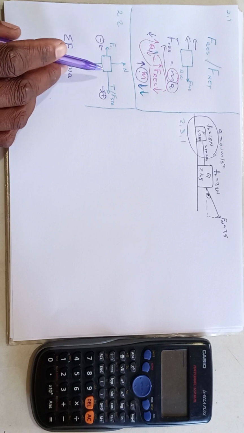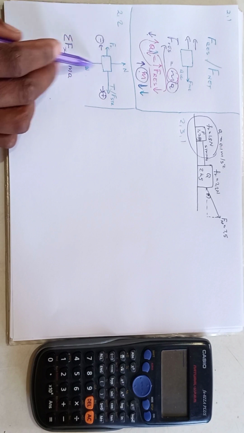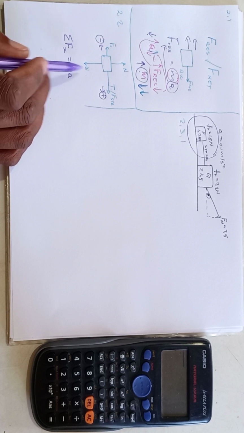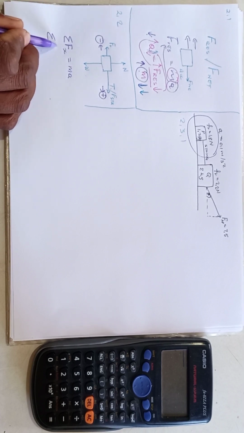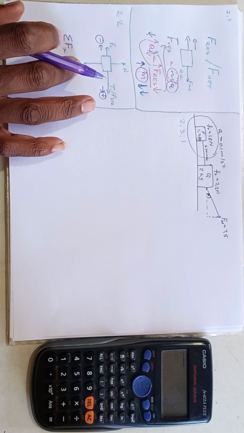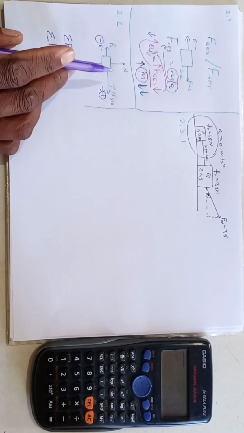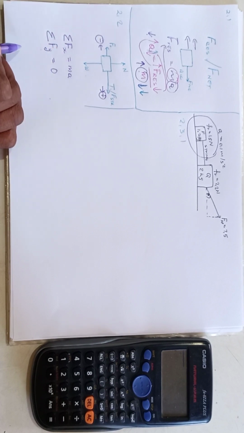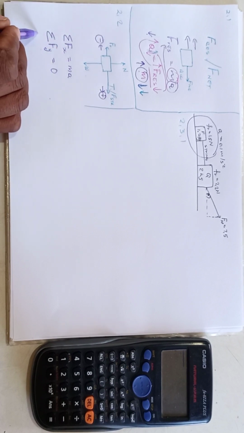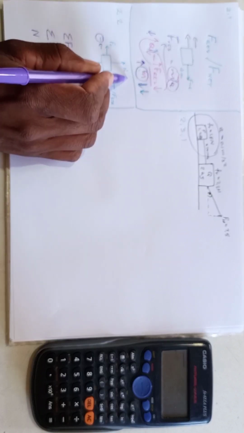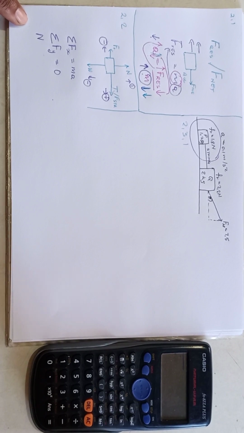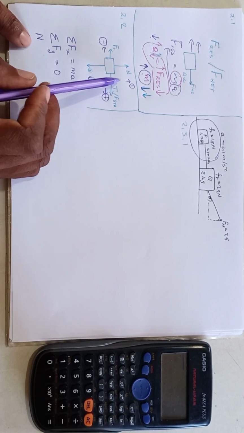If you remember what is happening with the forces on our vertical axis, since this object is not moving up and down, the sum of the forces on our y-axis equals 0.